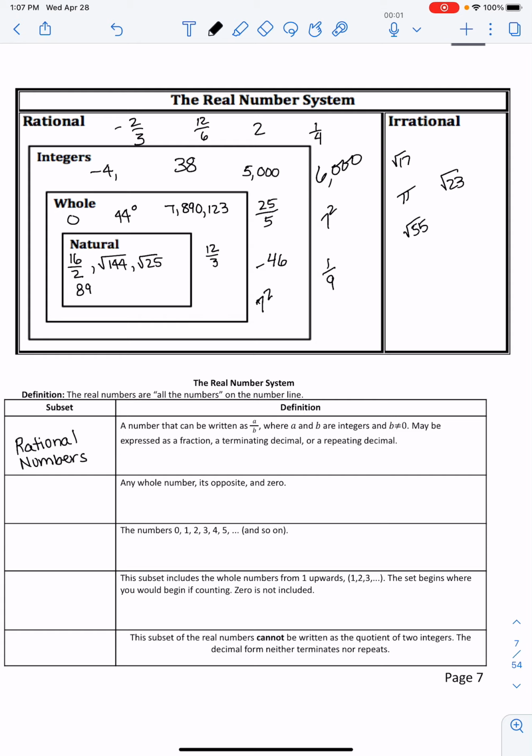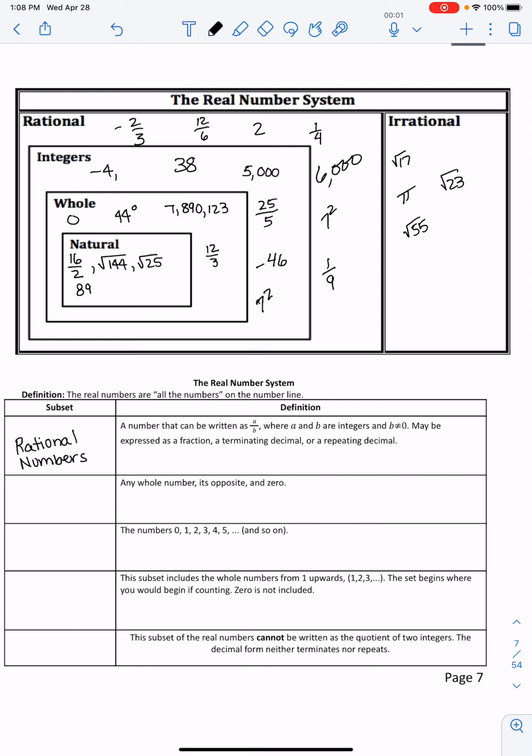And then they're divided into two things, rational numbers or irrational numbers. So we have rational numbers that are a number that can be written as a fraction, where a and b are integers and b does not equal 0. You can have b in the denominator. And it may be expressed as a fraction, a terminating decimal, or a repeating decimal, okay?